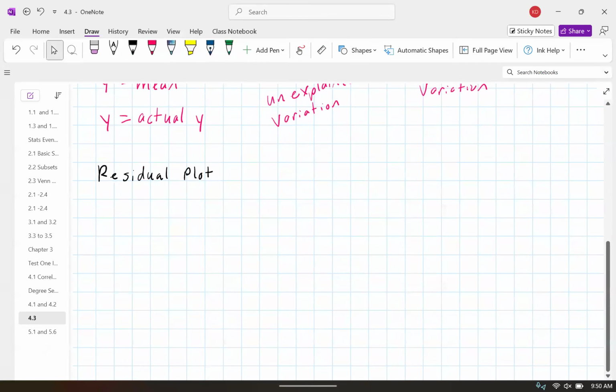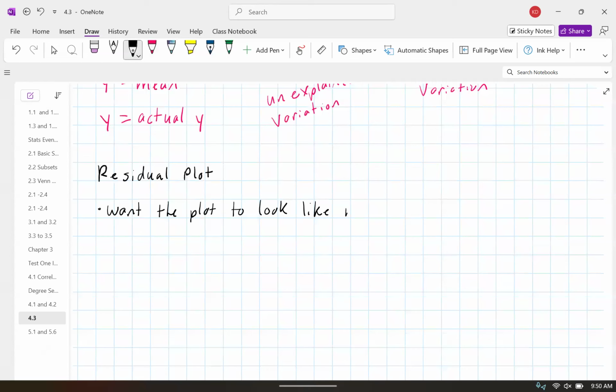When we graph this, we want the plot to look like we took a shotgun, the one with all the little different BBs, and shot it at the graph, and it's just random.